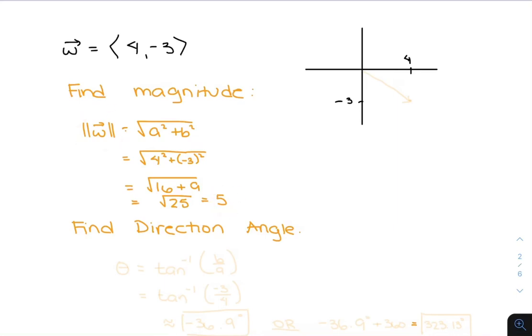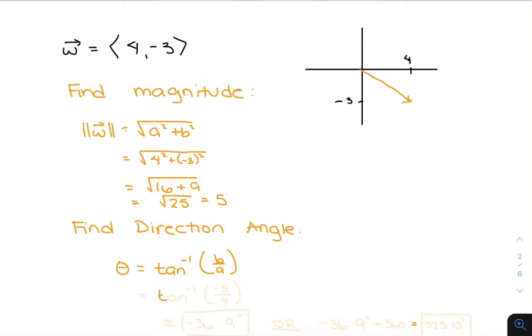For our direction angle, let's first see where this coordinate lies. So we're going to go 4 units on the x-axis and then down 3 units. So our vector is in the fourth quadrant. And since it's in the fourth quadrant, we have to double check that our direction angle is in the fourth quadrant. So let's find it. To find our direction angle, we have to take the tangent inverse of b over a.